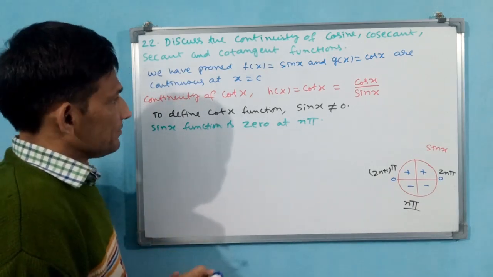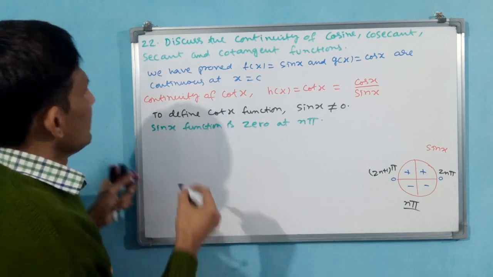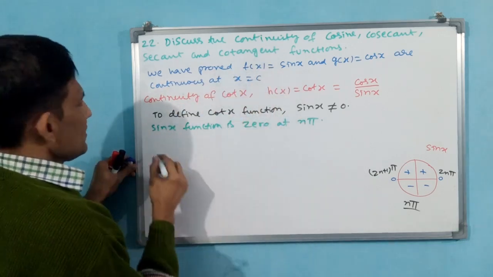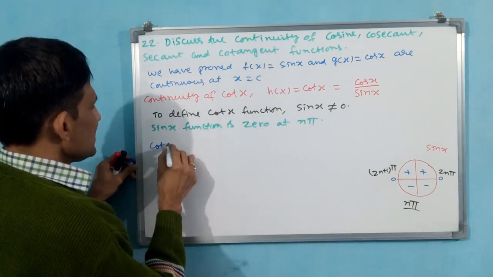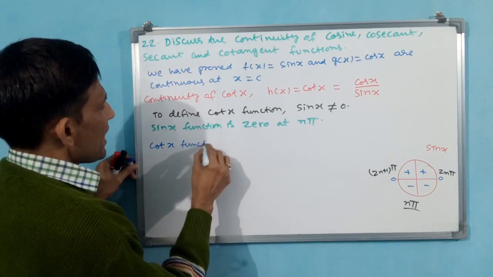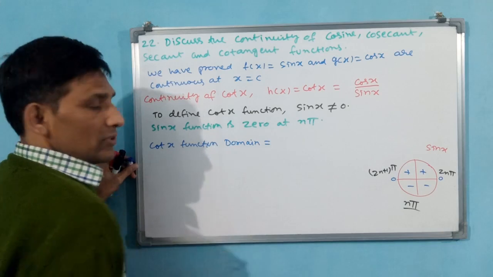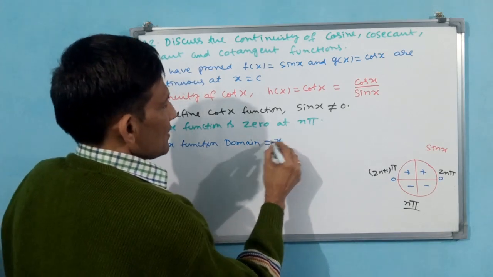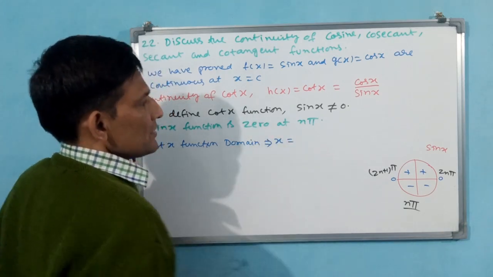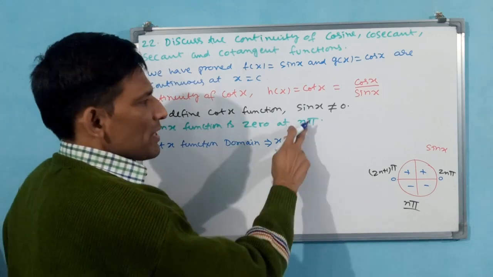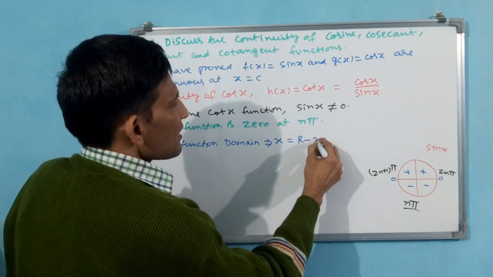Now you write down the cot x function domain: x is anything you can give, but n pi you should not give. R minus n pi.